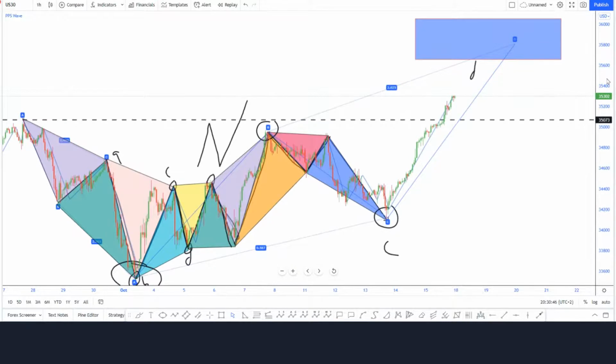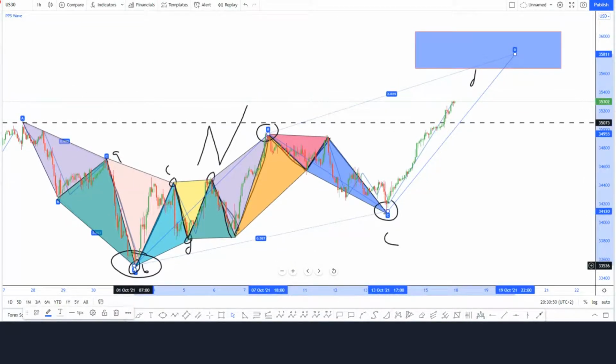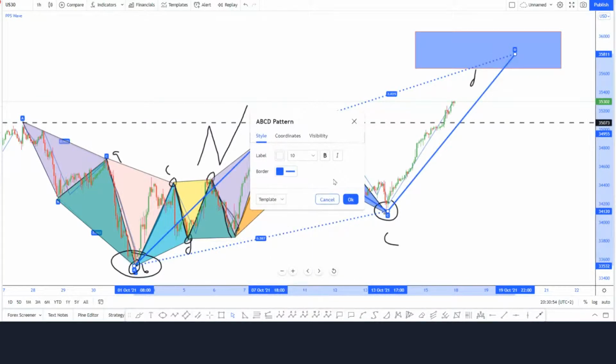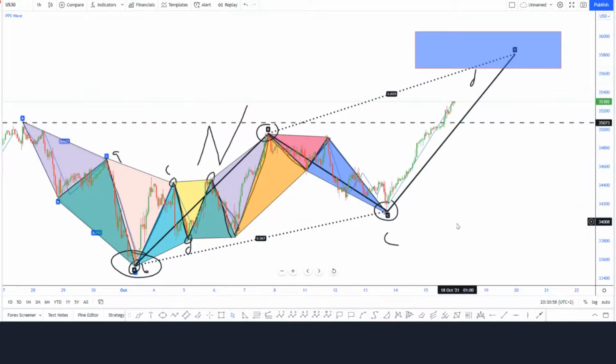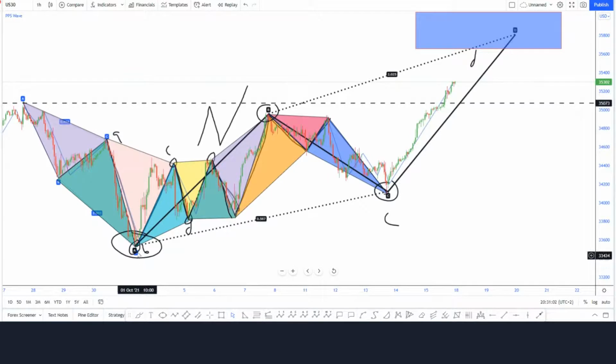Guys, let me make this a little bit bigger. See what we are looking at right now? Inside this AB, how many A, B, C, D did we have? A lot. But at the end, all these small A, B, C, D did make a big AB.